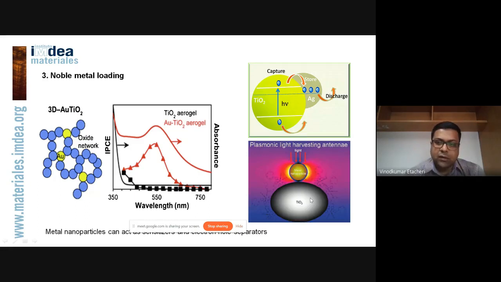That way, even though TiO2 cannot absorb visible light, these noble metal particles can act as antennas and transfer the energy to TiO2, and then the TiO2 becomes catalytically active. This is another widely used method, but a bit expensive because of the noble metals cost.